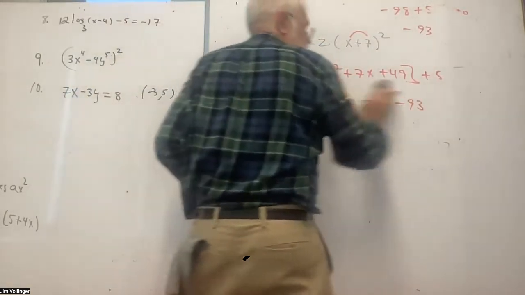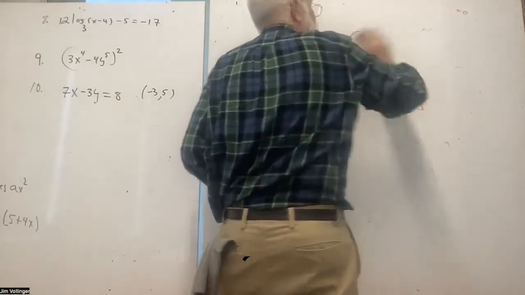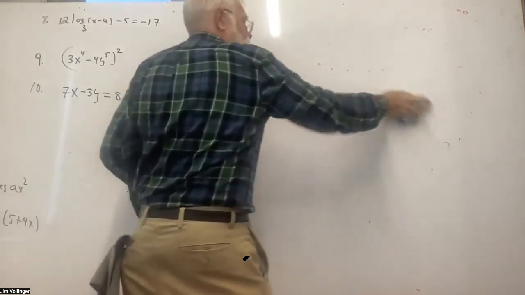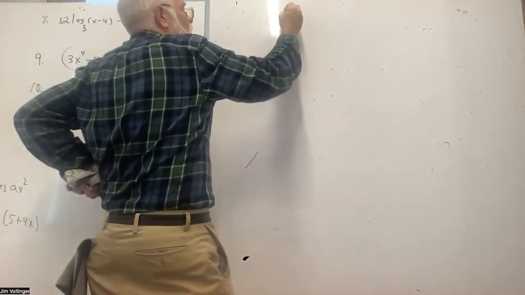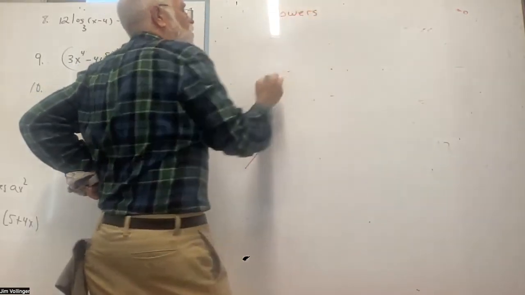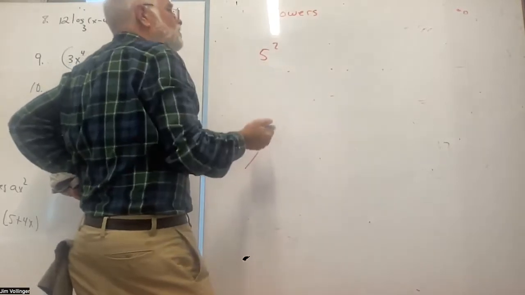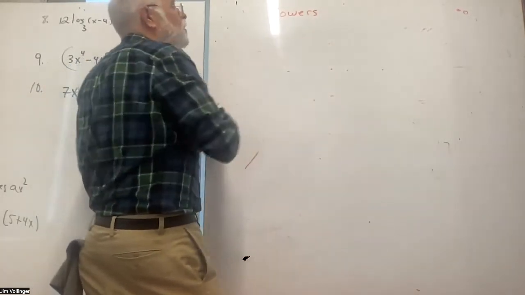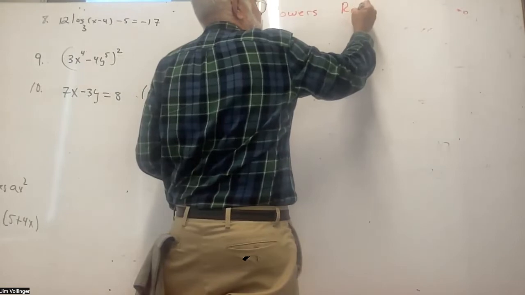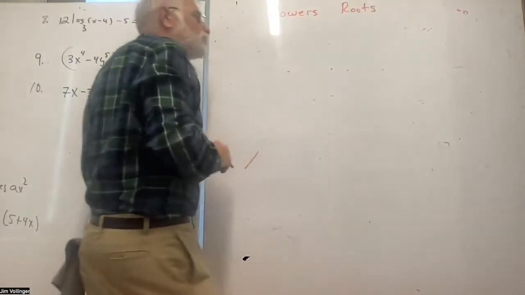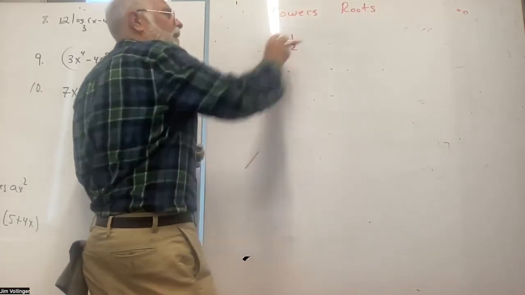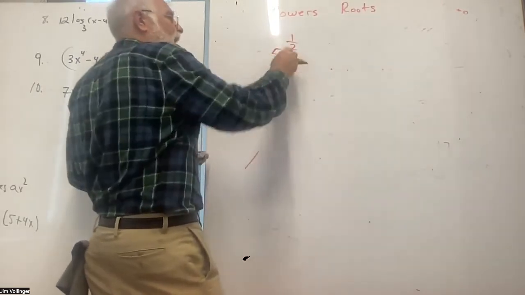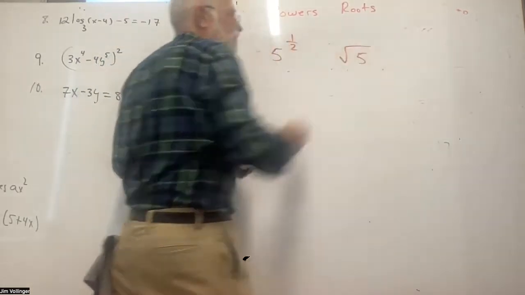All right, then we did a little work with exponents. And there are 3 operations with an exponent. There's powers. If you do 5 squared, you know what to do. Roots are a little harder to see. So if I did 5 to the 1/2, a fractional exponent, that means the square root of 5.